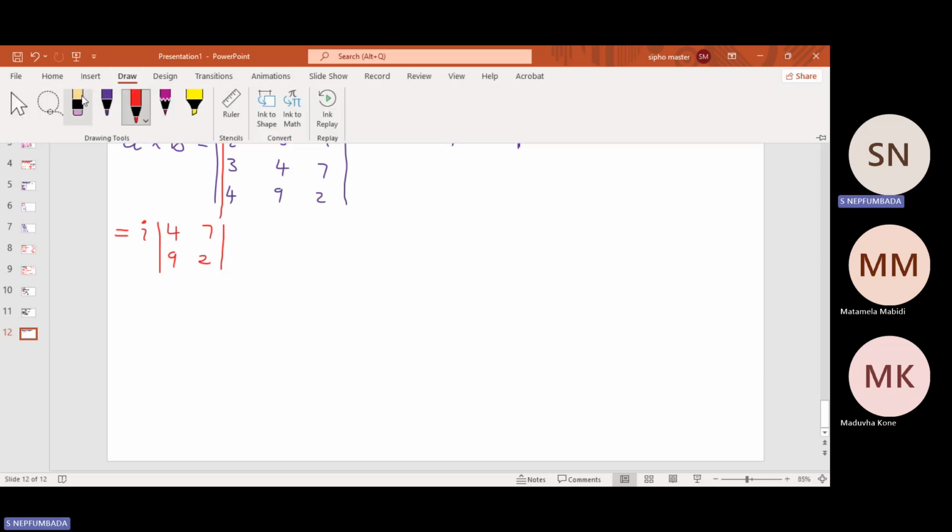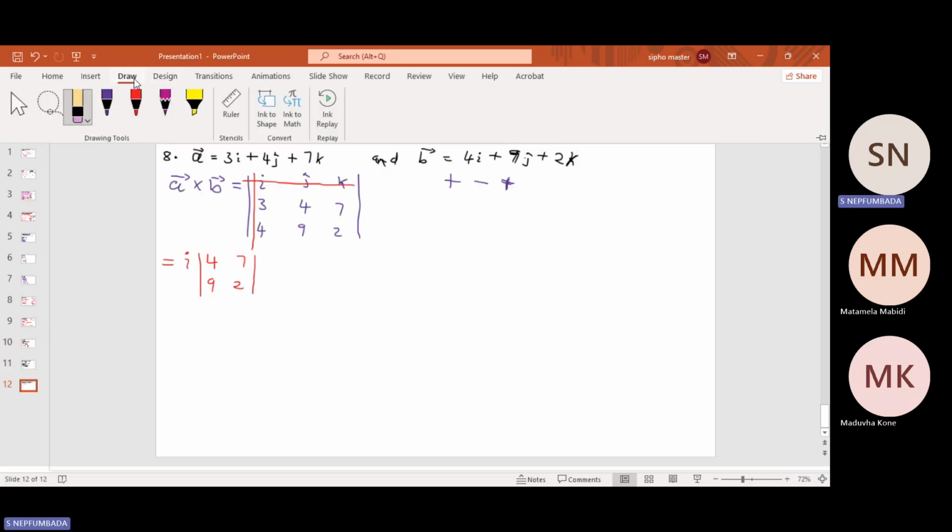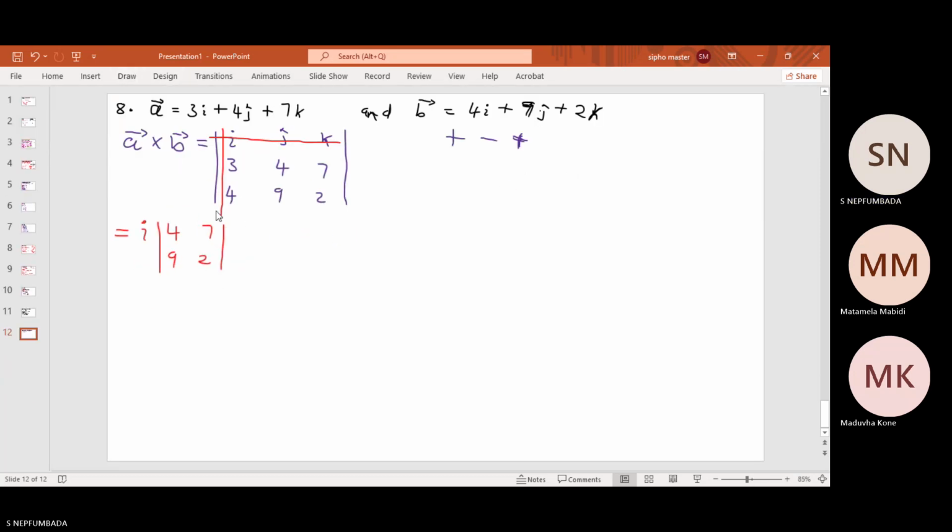Then we move that vertical line only, and it becomes j.